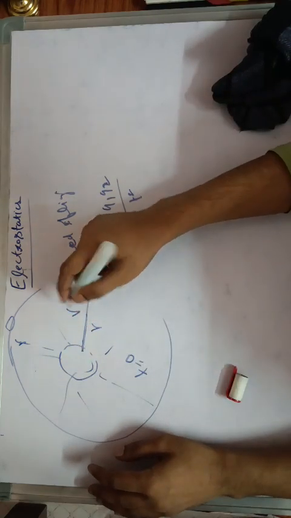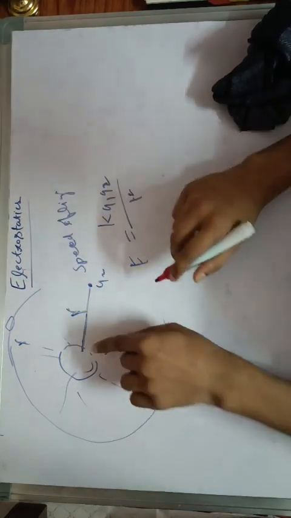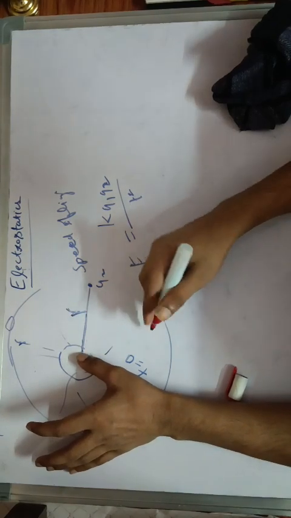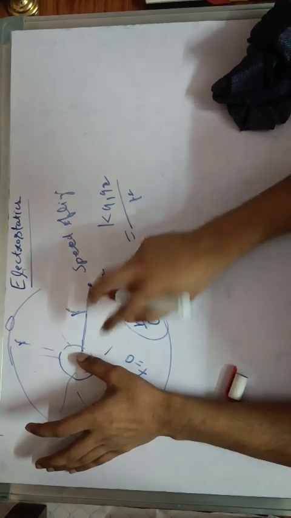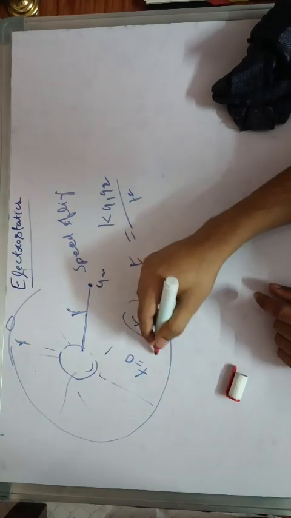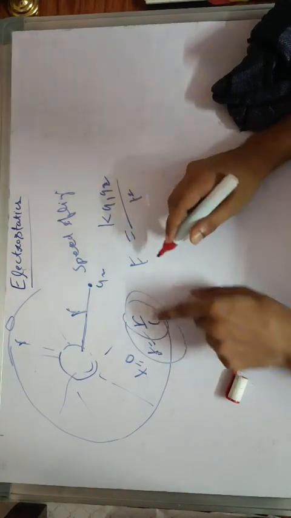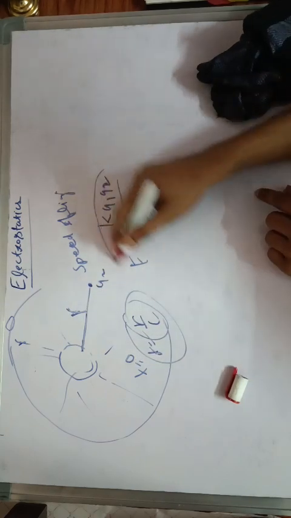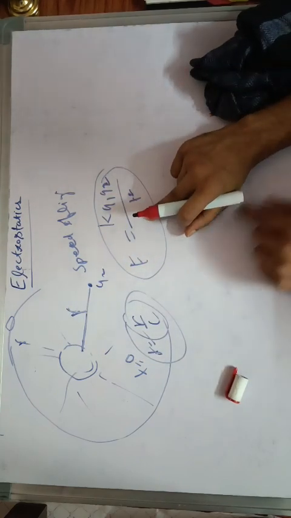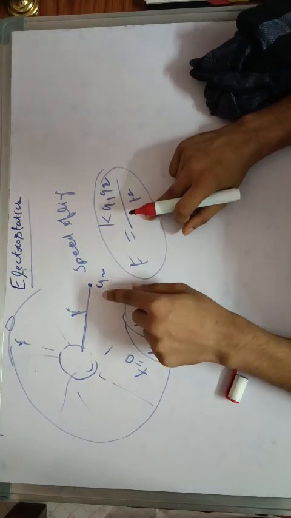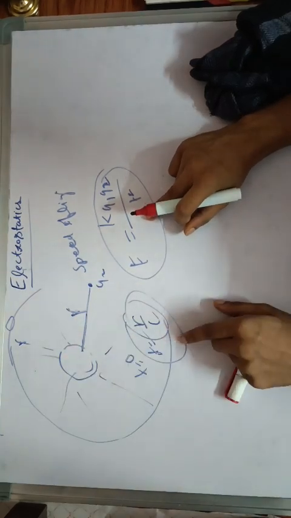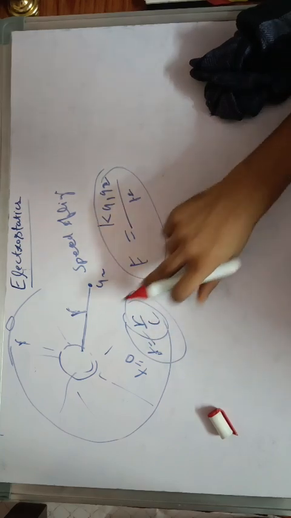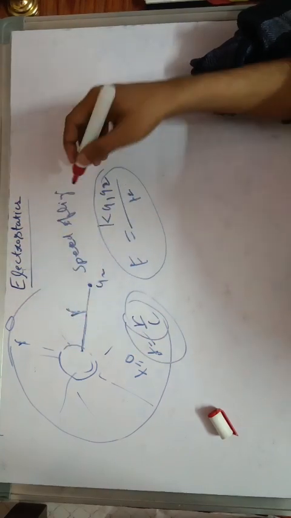Since this distance is r, this point will take r by c time to reach this point, and up to this time r by c there would be force acting on this particle q2.